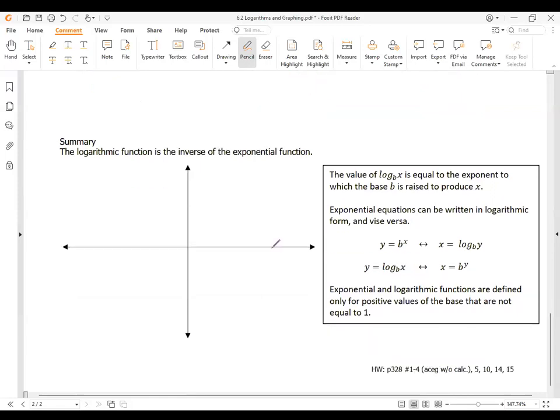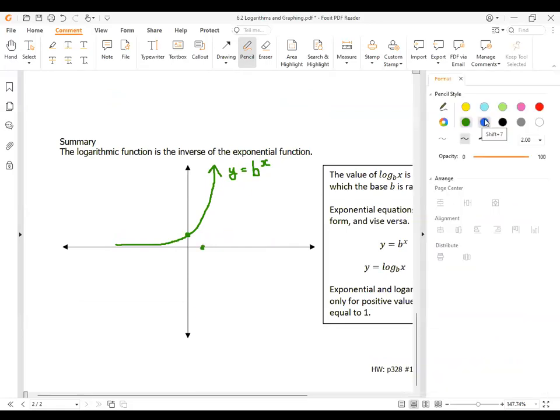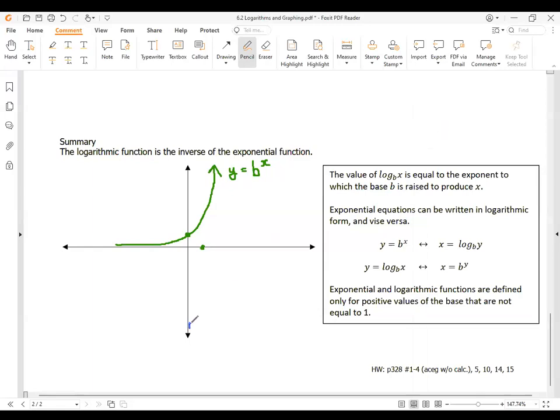So anyways, in summary, a logarithmic function is the inverse of an exponential function. If we are dealing with an exponential function, it would look something like that, right? y is equal to b to the power of x. What's interesting is, I'm going to try to mirror image this. If I were to deal with the logarithm, the base parent function of a logarithm is like this, and y is equal to log of x with base b.